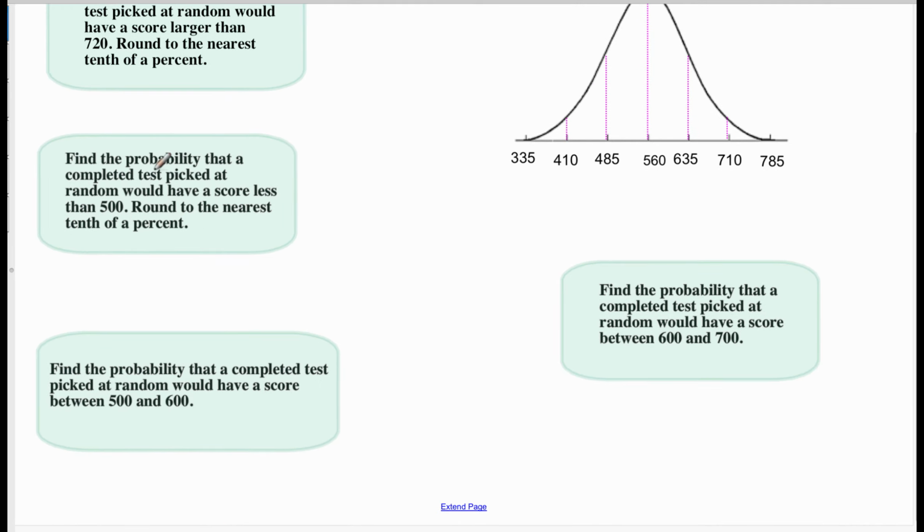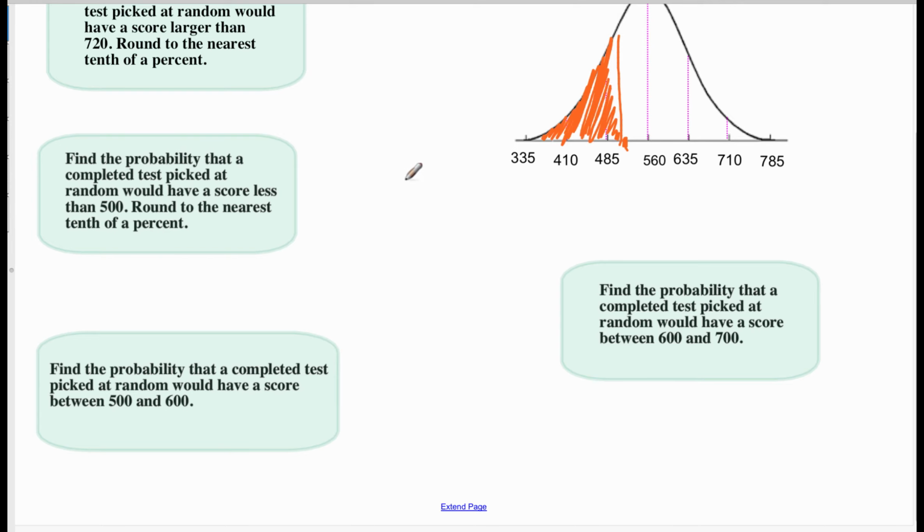All right, find the probability that a completed test picked at random would have a score less than 500. So 500 is somewhere in here. That's below average. So what I'm trying to do is find the area under the bell curve right here.